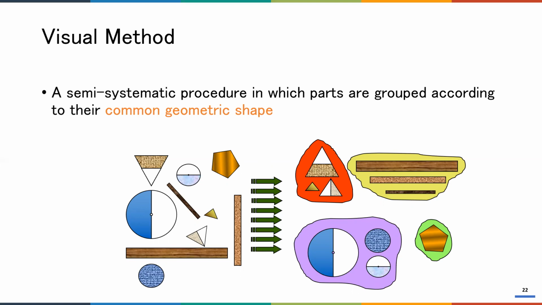If it's a triangle, then it's a triangle. If it's a prism, then it's a prism. If it's cubic or cuboid, then it's easy considering the geometric shape. But obviously, when you have a weird type of shape, it's not going to be that easy if we are just relying on this visual method.